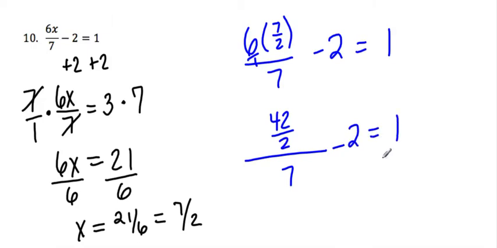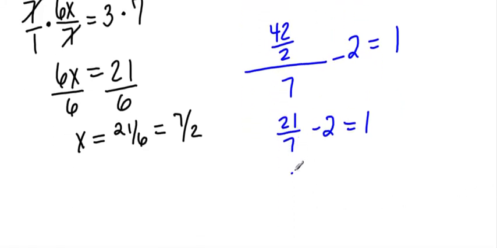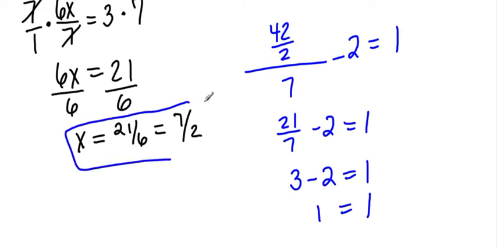Minus 2 equals 1. Now 42 over 2, that's going to be 21 divided by 7. 21 divided by 7 reduced to 3, and 3 minus 2 equals 1. 1 equals 1. Therefore, x equals 7/2 is my answer.